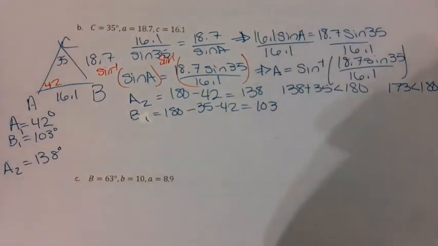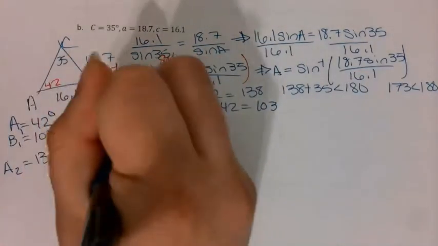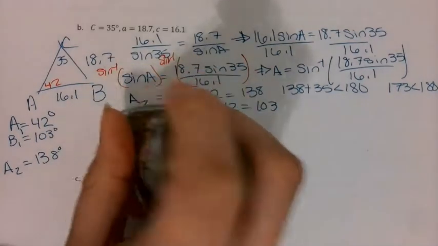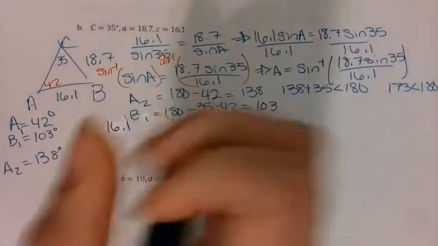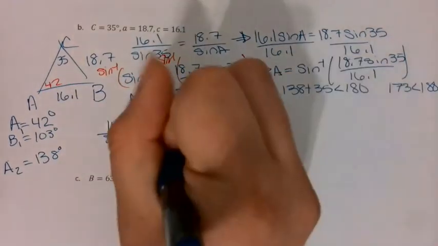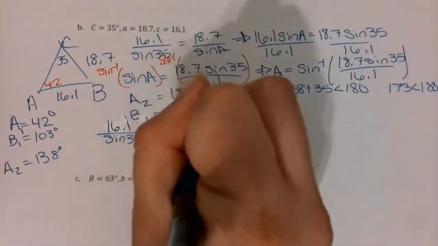Then I need to find my side length for B, so I have 16.1 over sine of 35 equals little b1 over sine of 103.